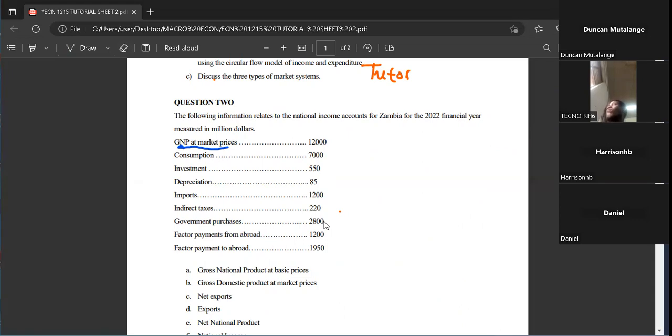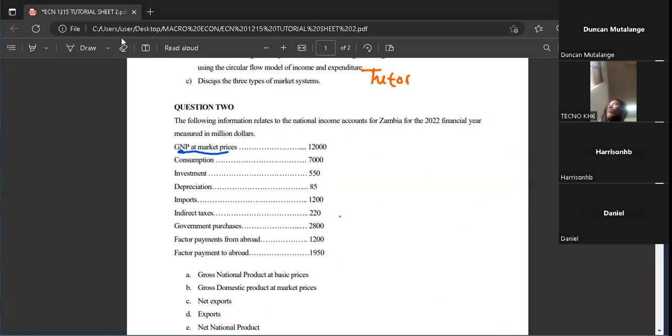So now when it comes to net national product, because I taught it in class as well, I'll just speak about it, okay? When you see the word net here, it means they have removed depreciation.